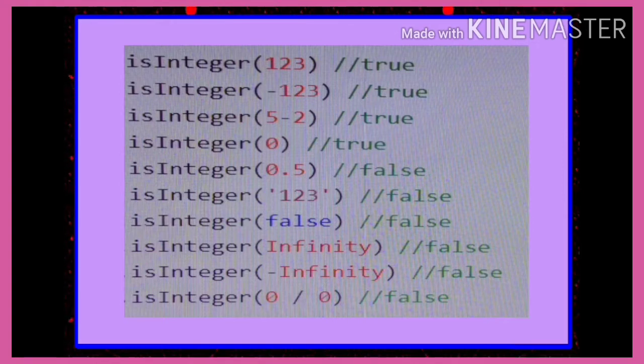If you pass 0.5, it returns false. If the argument is 1 to 3 in single quotes, it returns false. If the argument you pass is false, it returns false. If you pass infinity, it returns false. If you pass minus infinity, it returns false.